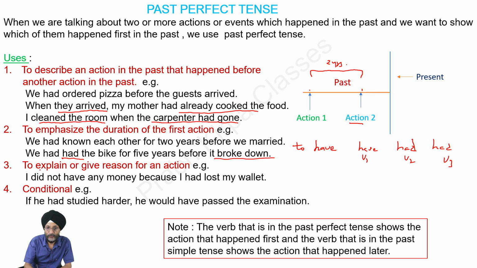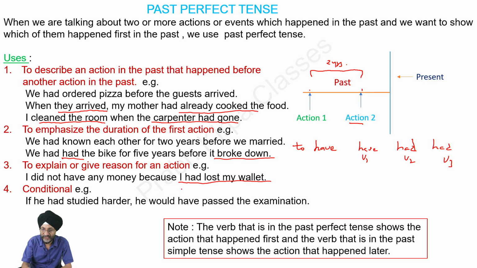Next, we can also use past perfect tense to explain or give a reason for an action. I did not have any money because I had lost my wallet. I had lost my wallet is the first action. That is why I was not having any money.